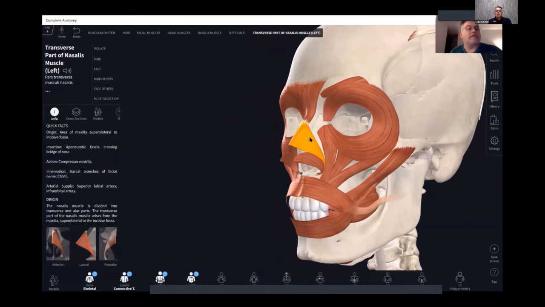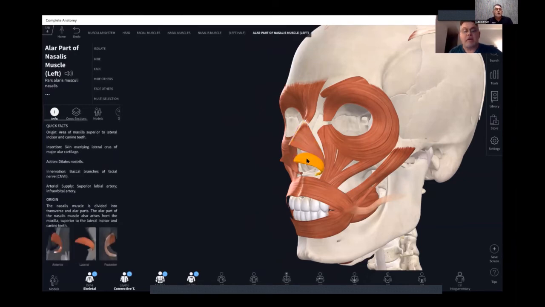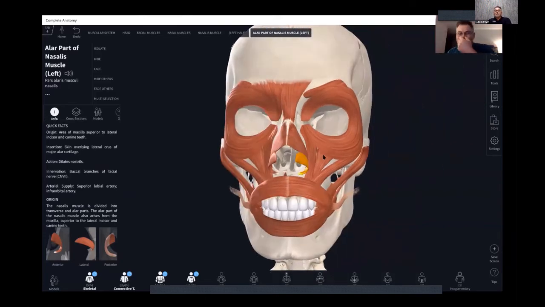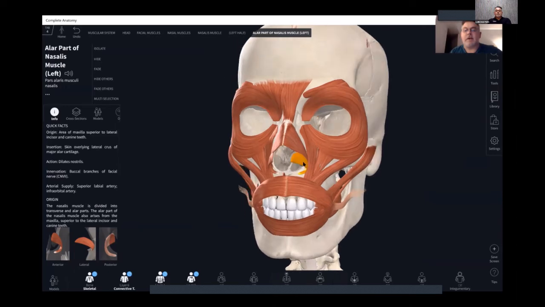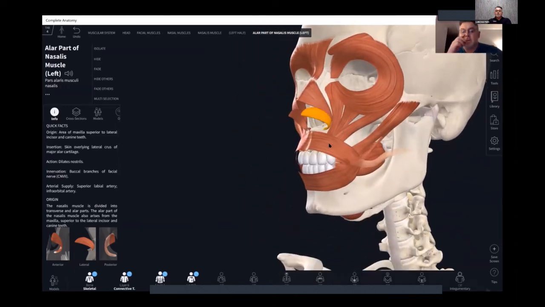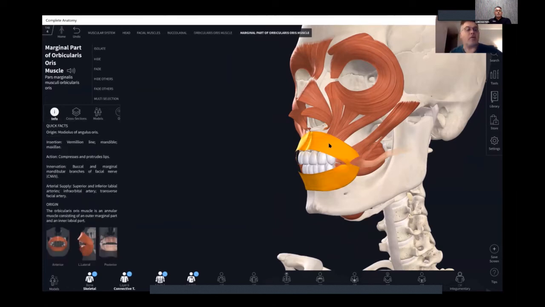So there is the transverse part, and then this should be the alar part of the nasalis. Again, any of those muscles that cause that expression, opening, closing of the nares, or dilating the nostrils, is what we're looking at there. So let's move a little bit further to the orbicularis oris.